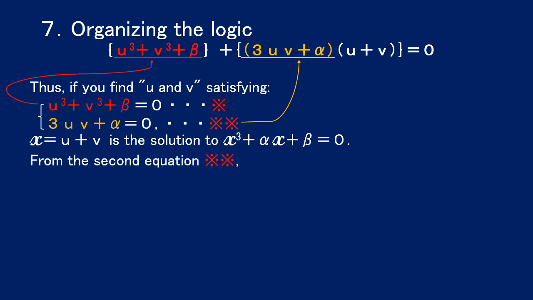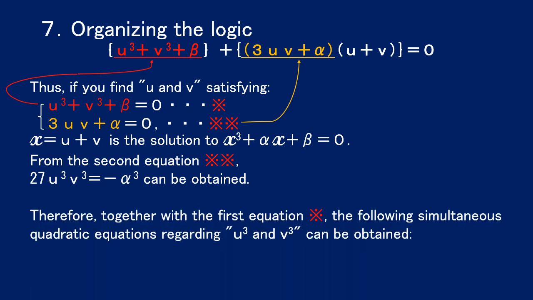From the second equation, star star, 27u cubed times v cubed equals negative alpha cubed can be obtained. Therefore, together with the first equation, star, the following simultaneous quadratic equations regarding u cubed and v cubed can be obtained.